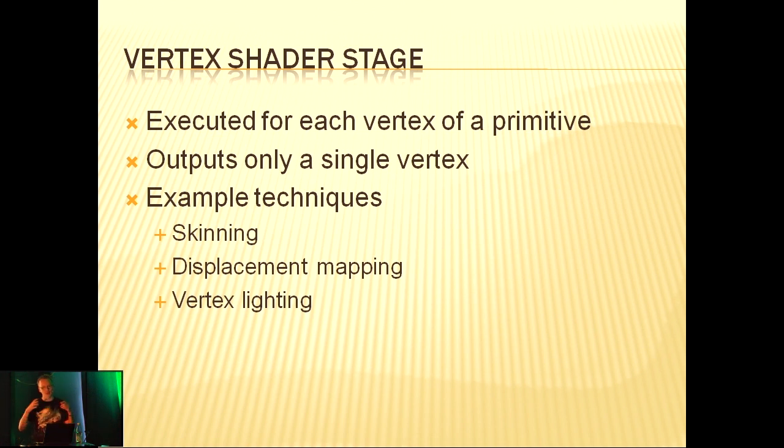If the input assembler sees that there's a vertex that has already been processed, and it's located in the reuse buffer, it's going to use that vertex instead of actually executing the vertex shader again. There's room for about 14 vertices or so in the reuse buffer, so you should be really careful about how you lay out your primitives for rendering.